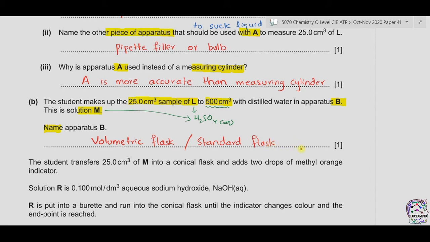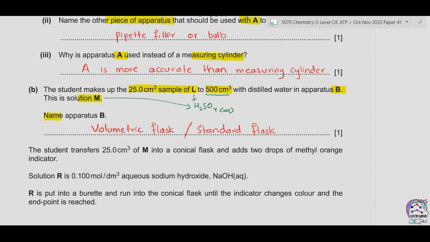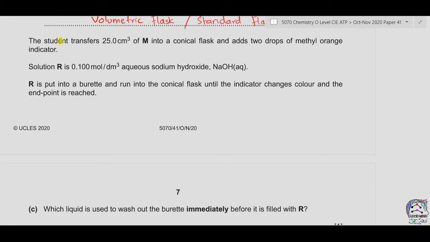The student transfers 25 cm³ of M into a conical flask and adds 2 drops of methyl orange indicator. Solution R is 0.1 mole per decimeter cube aqueous sodium hydroxide. R is put in a burette and run into the conical flask until the indicator changes color and the end point is reached.